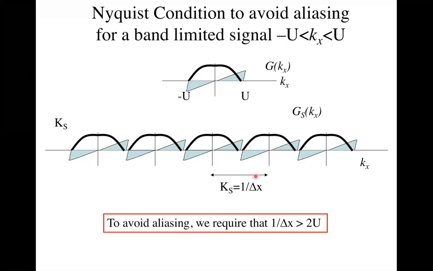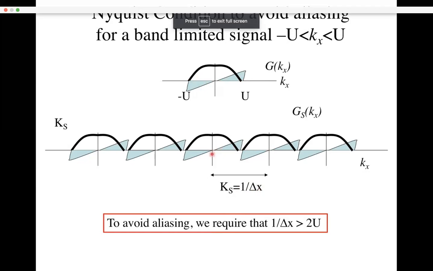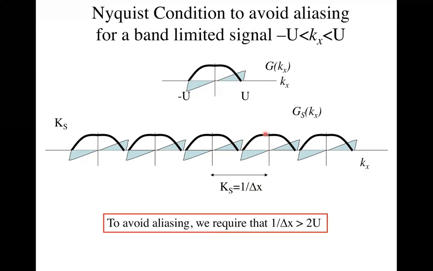So if I set 1 over delta x to 4 cycles per millimeter, then I know that these will be separated broadly enough such that they're not going to overlap. And so this central one will be a good representation of the Fourier transform. That's called the Nyquist criterion.